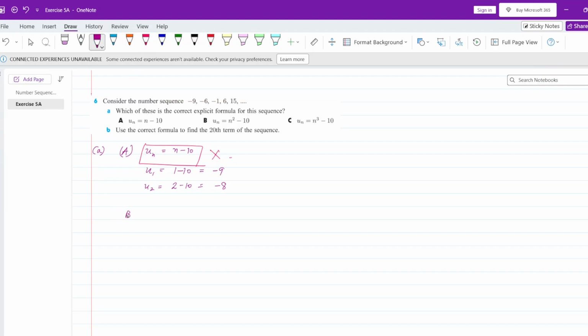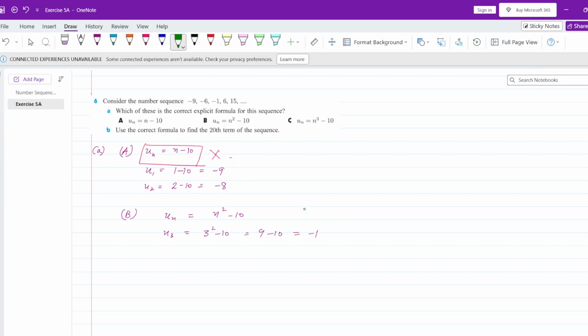Let's try formula B, that is un equals n square minus 10. So according to this formula, let's take the third term. So u3 is going to be 3 square minus 10, that is 9 minus 10 or -1.